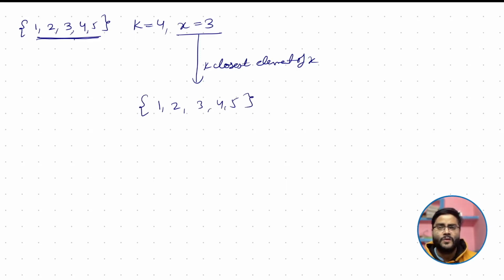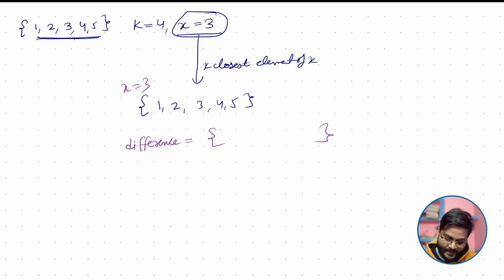What if we take the difference of every element from x? So x equals 3. If we take the difference, 3 minus 1 will be 2, 3 minus 2 will be 1, 3 minus 3 will be 0.